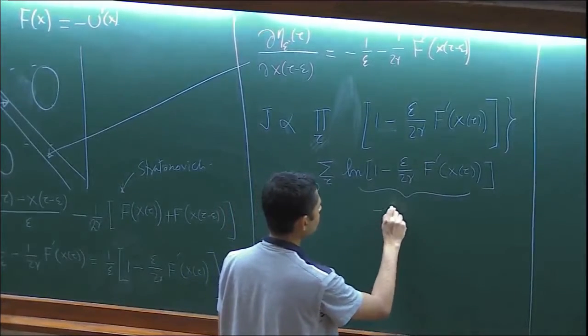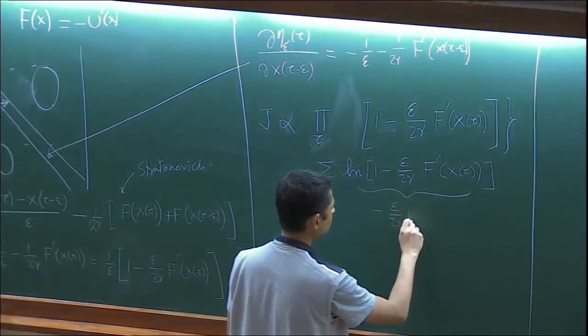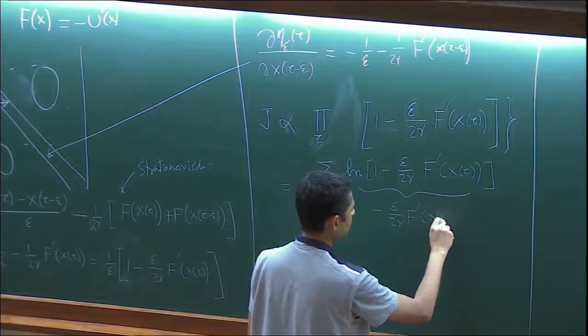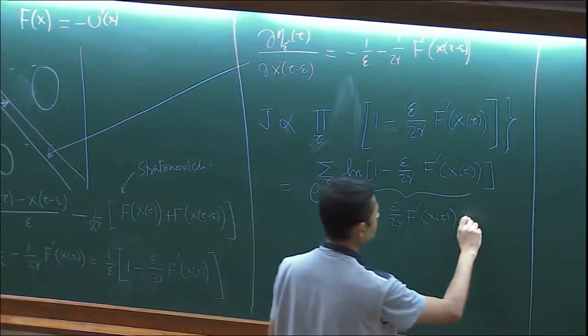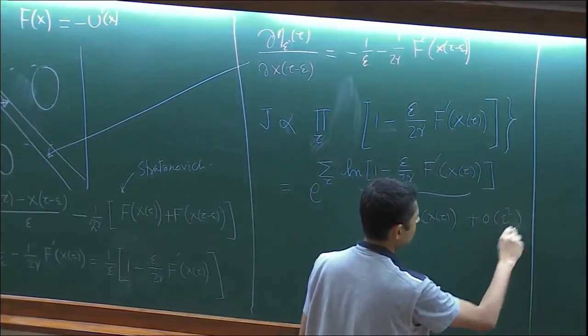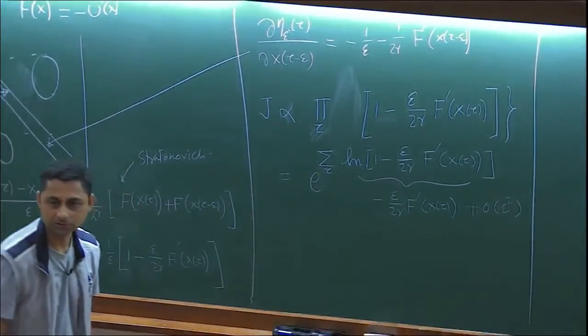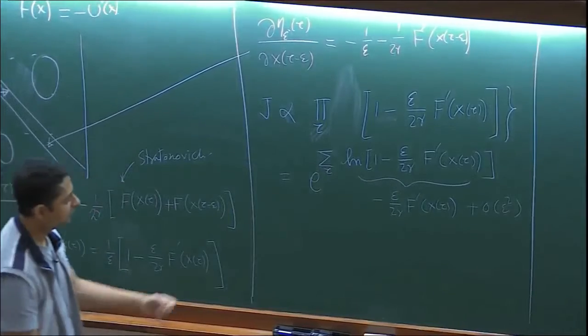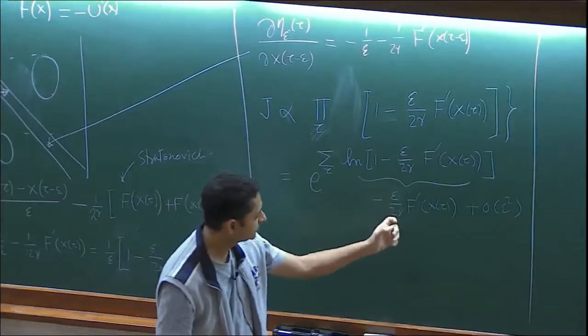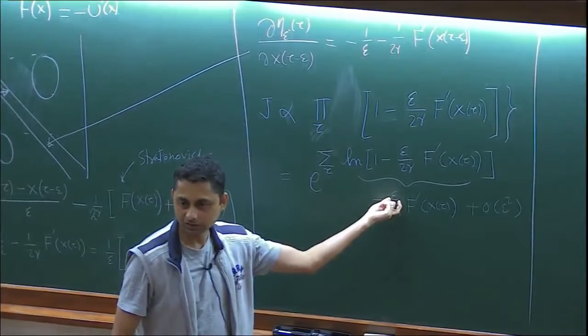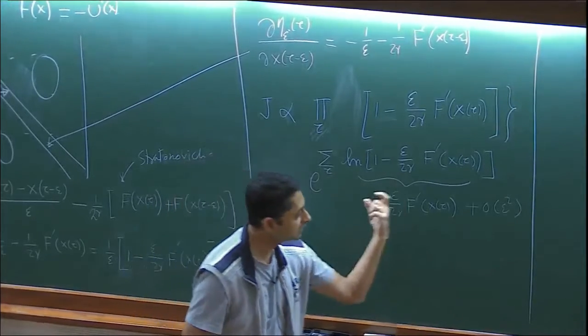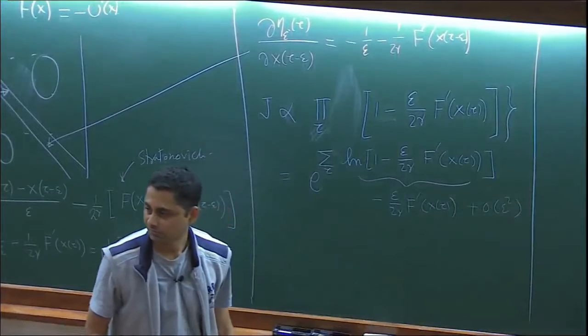The first term will be epsilon by 2 gamma f prime x of tau, then the next one will be order epsilon squared when you expand this log. So if I take the epsilon going to 0 limit, this one will be the d tau in that integral, and all the others are going to become 0.